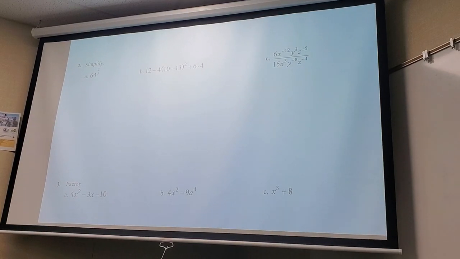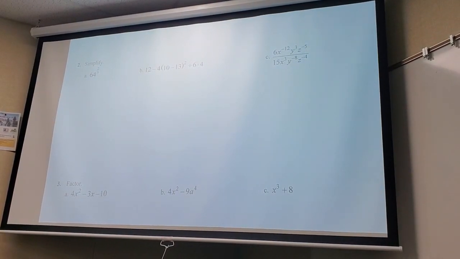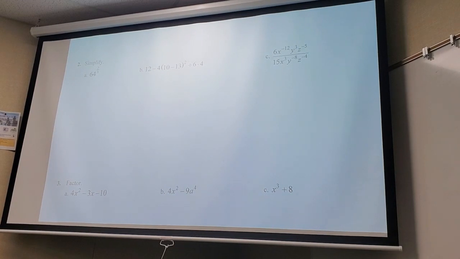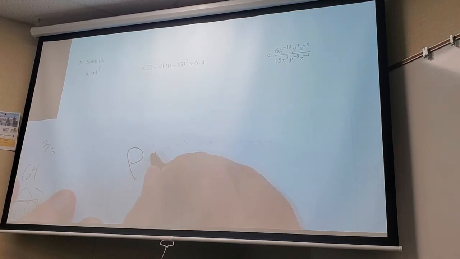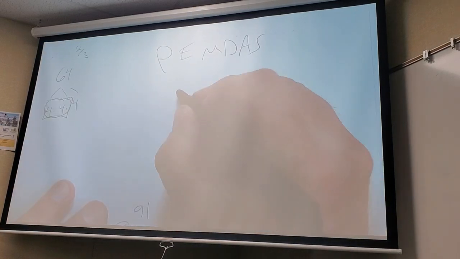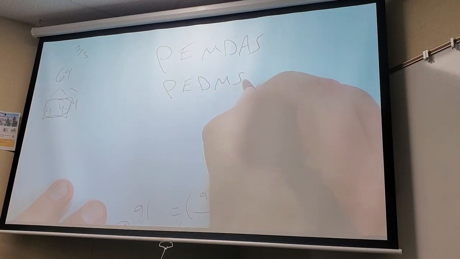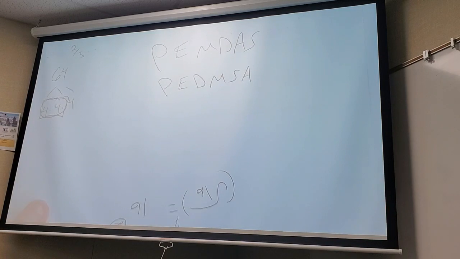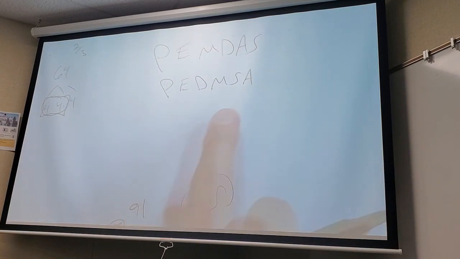Now, real quick, does that mean that multiplication comes before division? No. This is the wrong way to write PEMDAS. That's the wrong way. It could have been this. Can anybody please say that word for me? Yeah, PEMDAS.